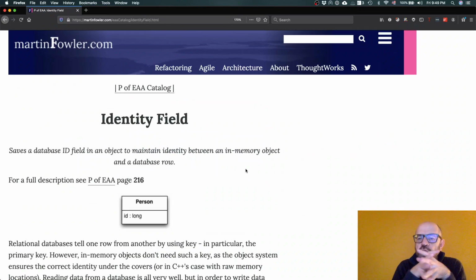Another relevant decision you need to make when you implement the identity field is how you generate new identifiers. And this is relevant because they are unique and they are shared. So when you try to get a new identifier inside your business transaction, you need to do a read, and you need to guarantee that it is actually unique. So you need to lock, and afterwards this can be a real bottleneck.